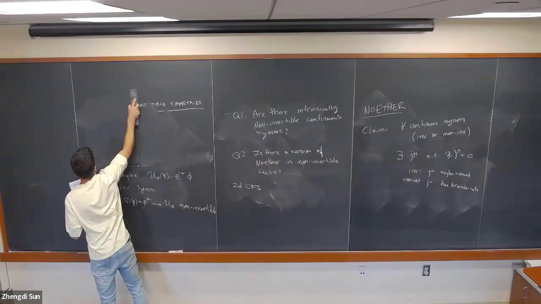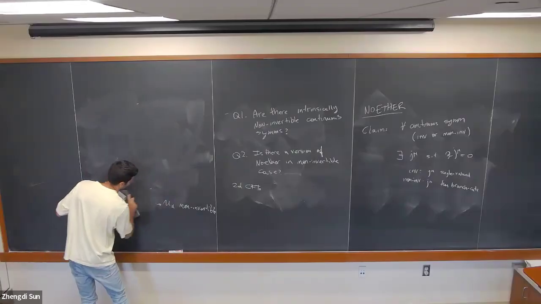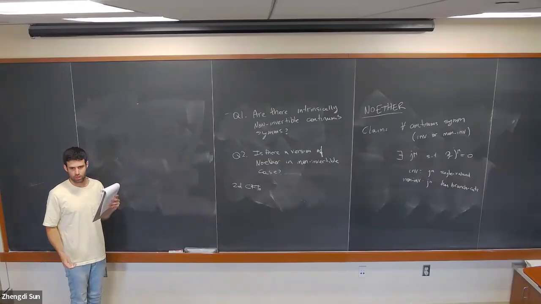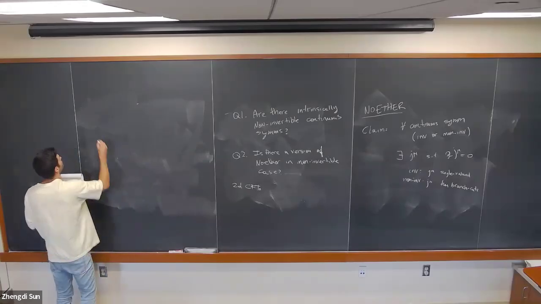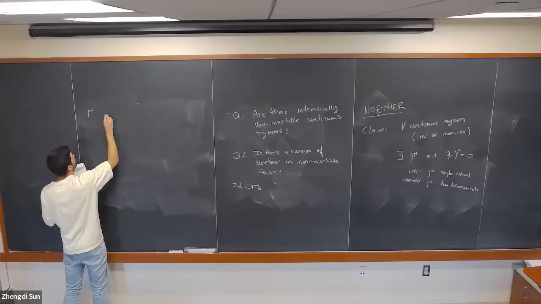Before I try to give an argument as to why we believe this is the general statement, I think it's important to define a little bit better what we even mean by continuous symmetry. So first, what does it mean for a symmetry to be continuous?